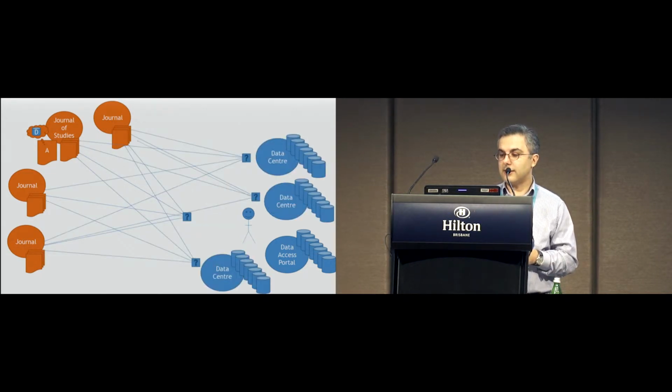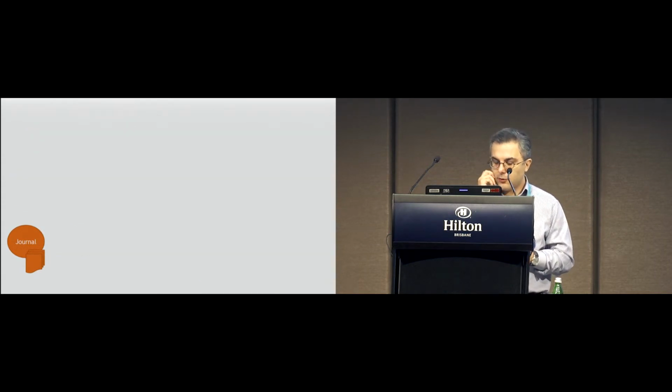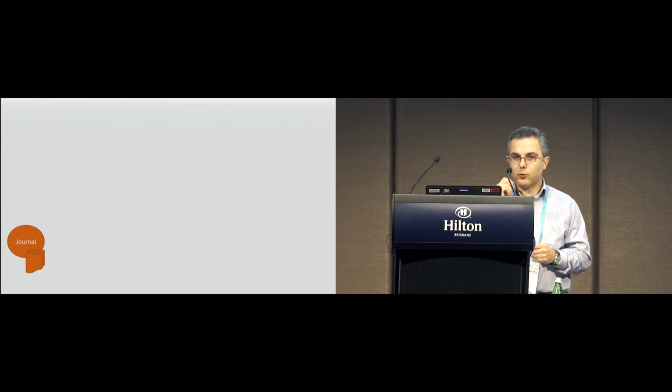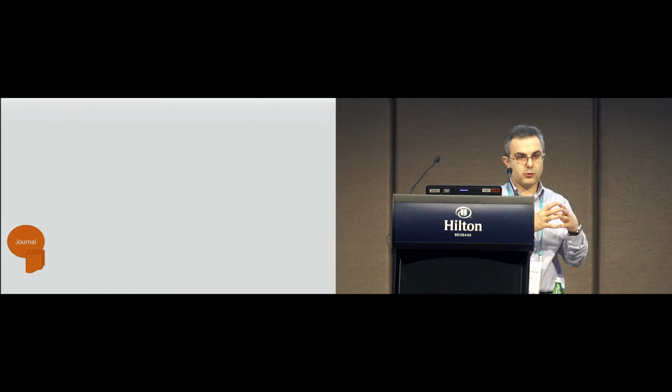Now, this can be more complicated when you have multiple repositories. The result would be lots of data service pipelines that you have to build between these systems to exchange data. The same thing happens for journals and also for service providers or software providers in that domain that provide a service to researchers.